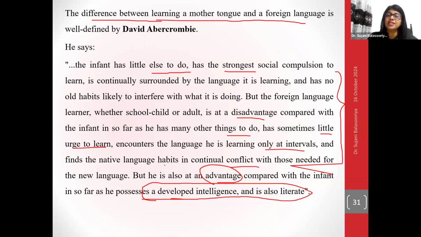The other biggest disadvantage of the second language learner is this: native language habits clashing with the second language forms. But that situation is not available in first language acquisition. Okay, right. So these are some differences according to this person, between learning the mother tongue and learning a foreign language. Or the same set is applicable when we talk about learning the second language also, right? Second or foreign language compared to mother tongue acquisition.